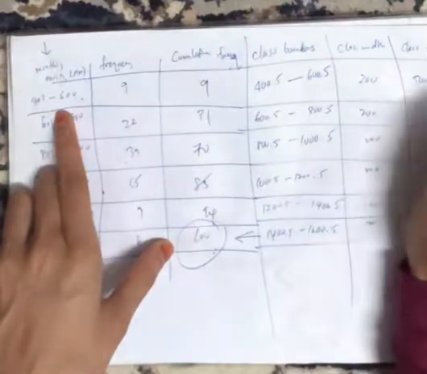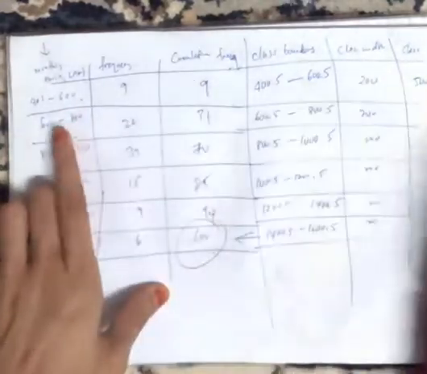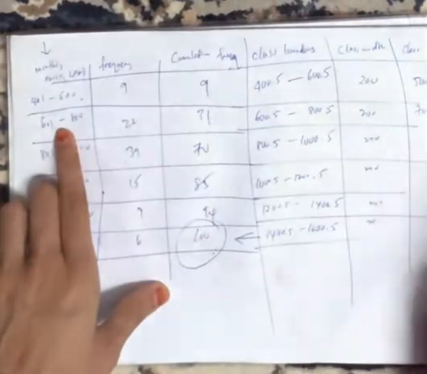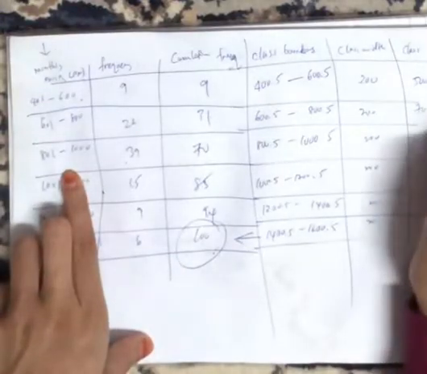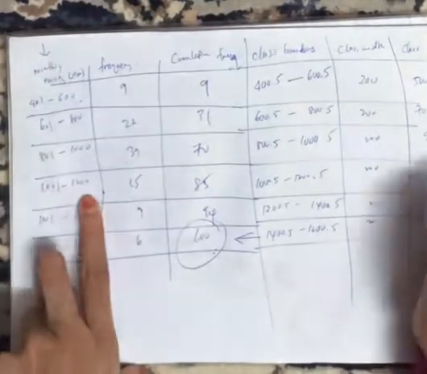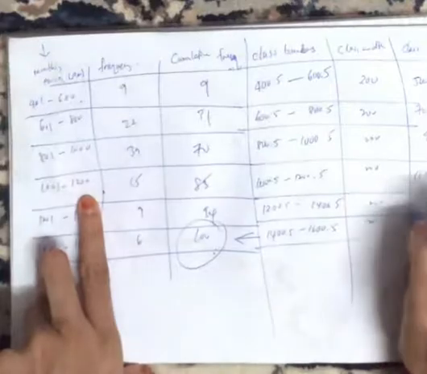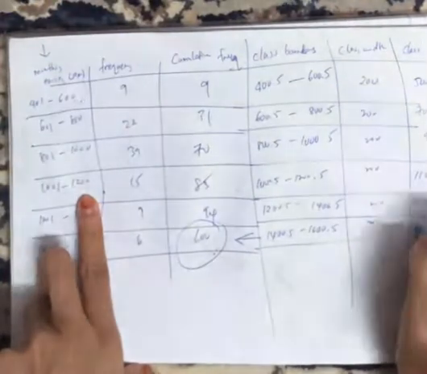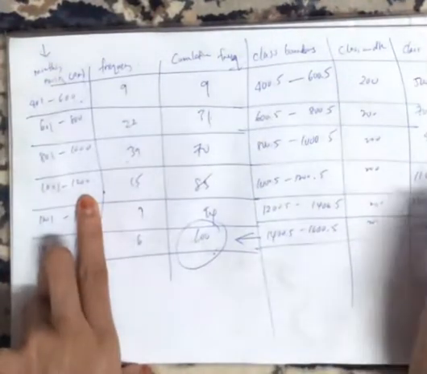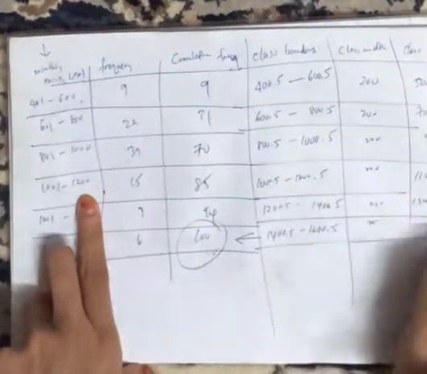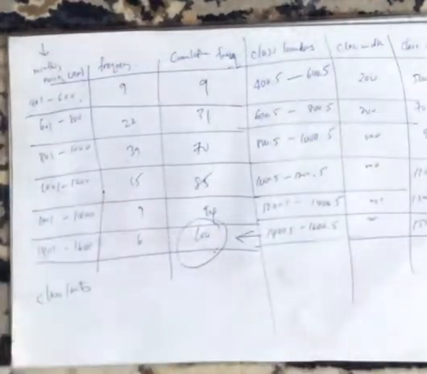Therefore, you will get 500.5, and this one 700.5, this one is 900.5, and then here is 1000.5, 1300.5, and the last one is 1500.5. So this is your class midpoint.